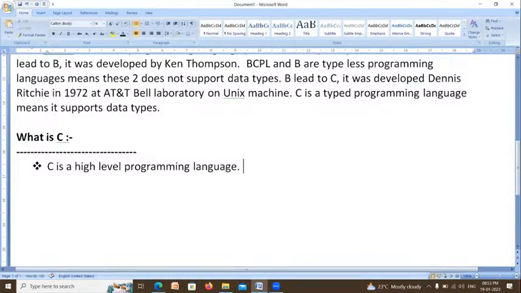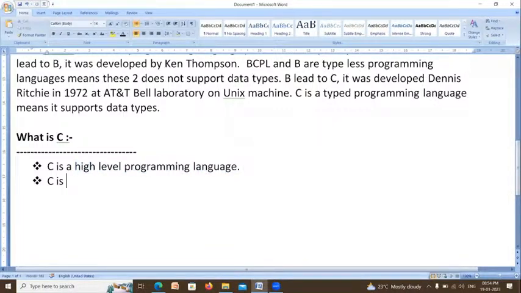What is the meaning of high level? High level means we can write the programs by using simple English words, like print, scan, like that. So the language which can be built by using simple English words is called a high level language.